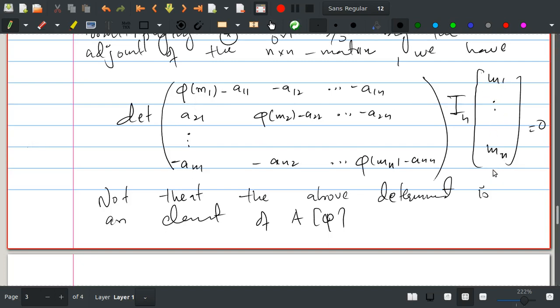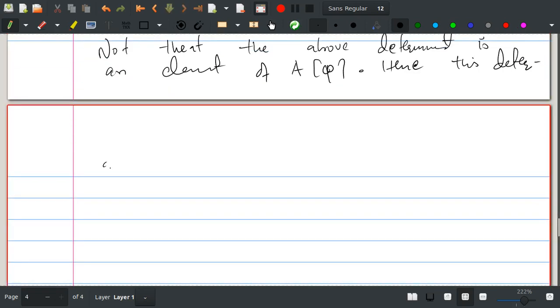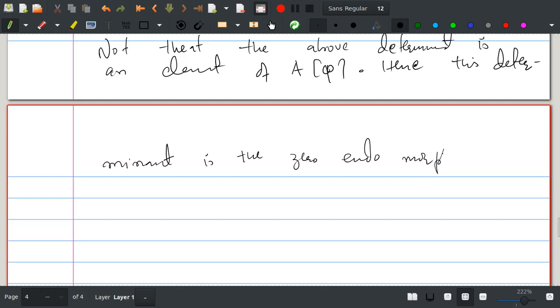Since this vector is an arbitrary element, it will annihilate each element in M. Hence this determinant is the zero endomorphism of M.